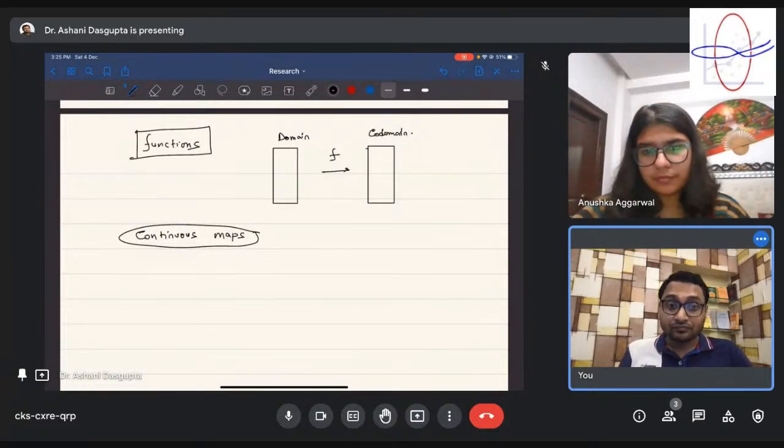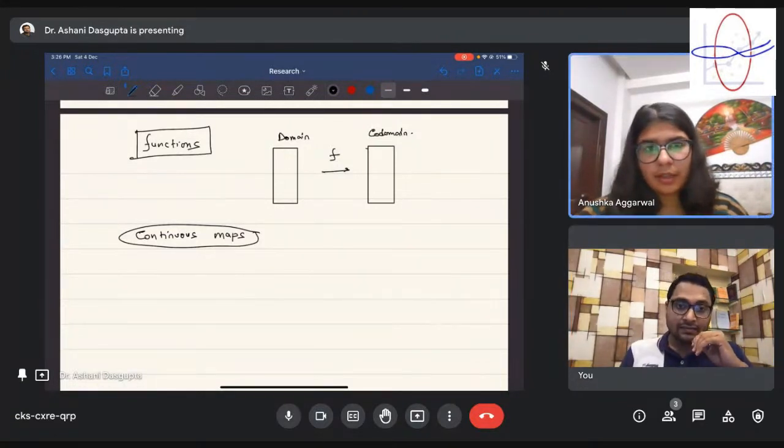Can you give me an example of a map that is continuous only at one point and discontinuous everywhere else? Sure. Continuous at exactly one point and discontinuous everywhere. Yes.